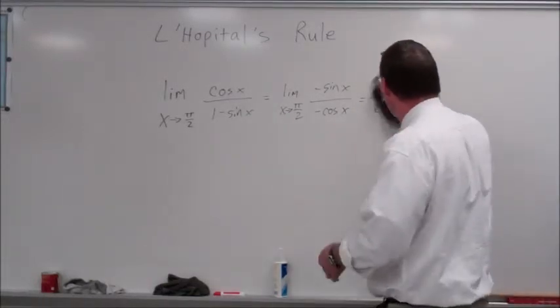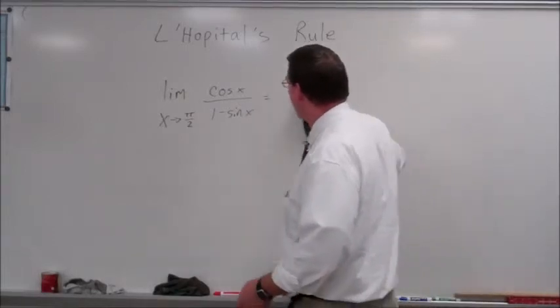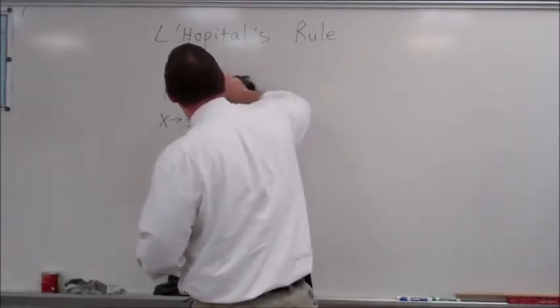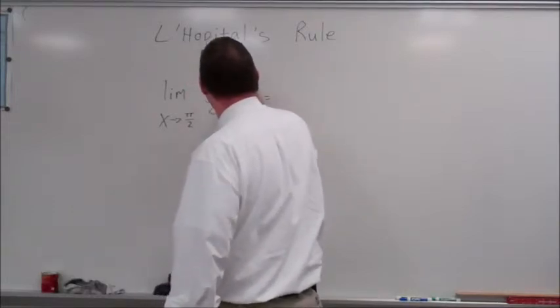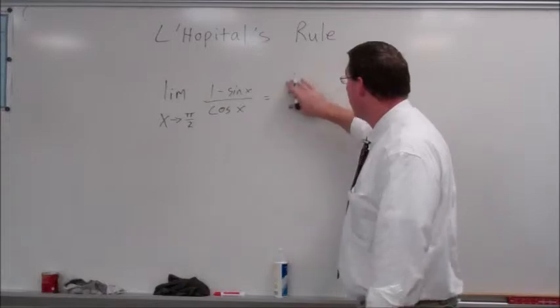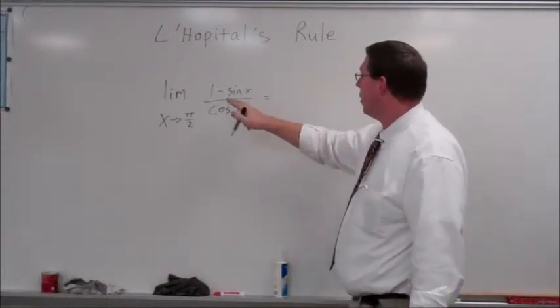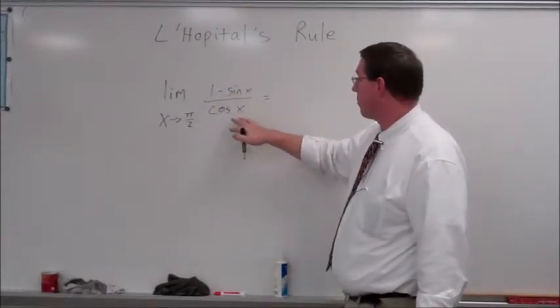Similarly, let's say that we did it the other way around. Let's say that we had the cosine on the bottom and we had the 1 minus sine on the top. Okay? Now, it's going to be, again, 0 over 0.